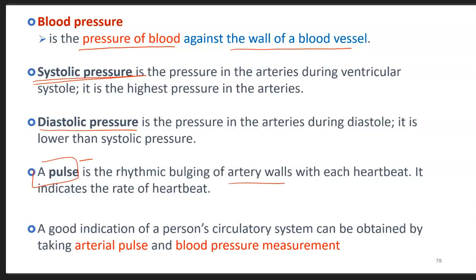So your pulse rate is the same as the heart rate. Okay. So a good indication of a person's circulatory system can be obtained by taking arterial pulse and blood pressure measurement. So sebab kita restricted, kita ODL semua, you can only take your arterial pulse.